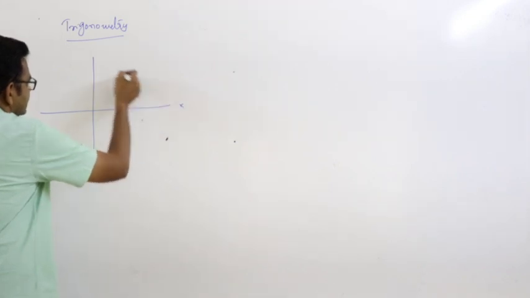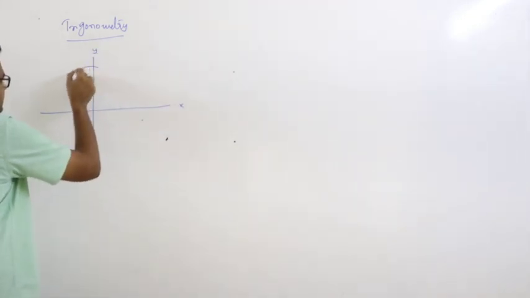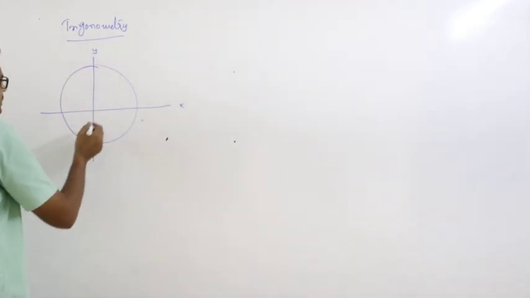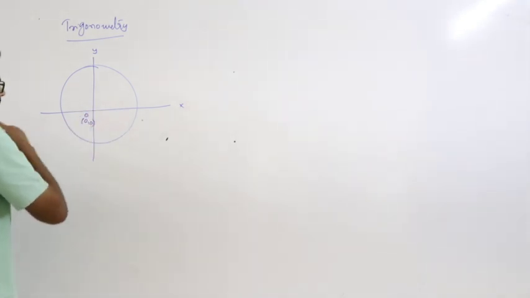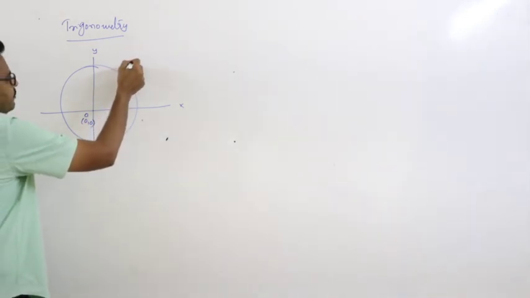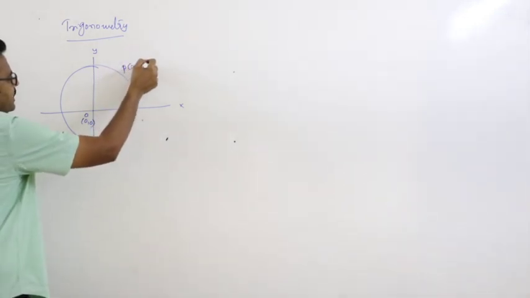Now this is the x-axis, this is the y-axis, this is a circle with center O (0, 0). P(x, y) is a point on the circle.